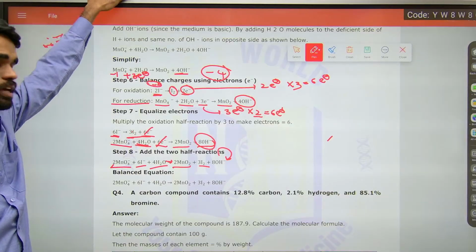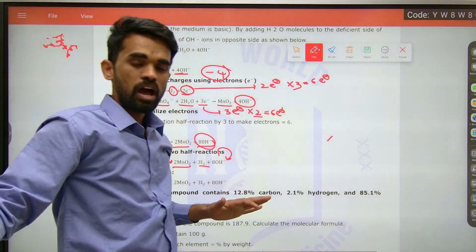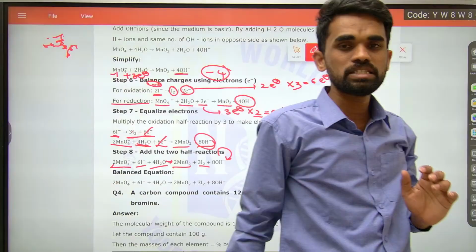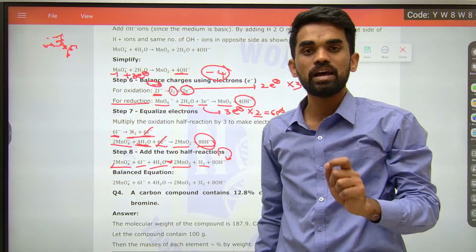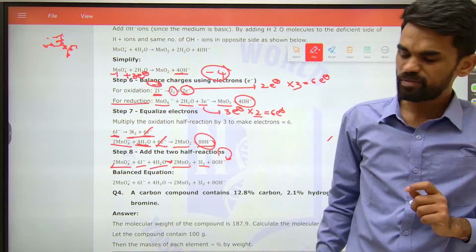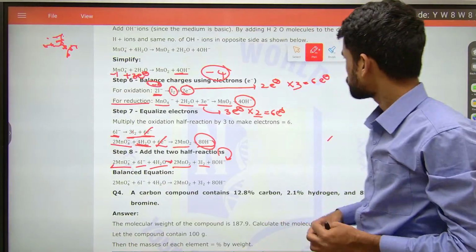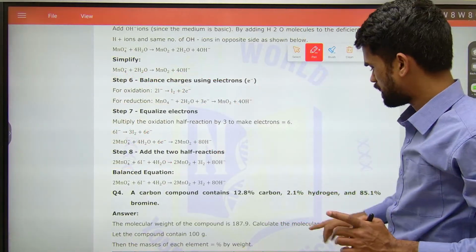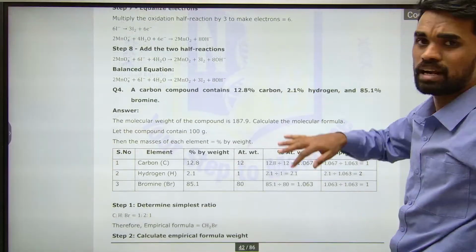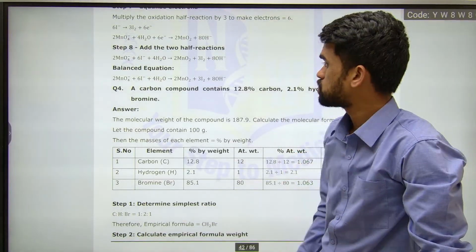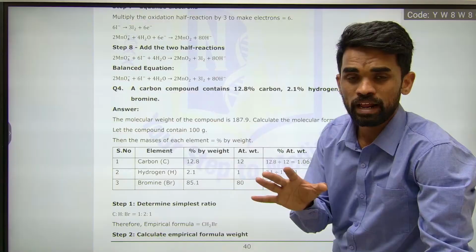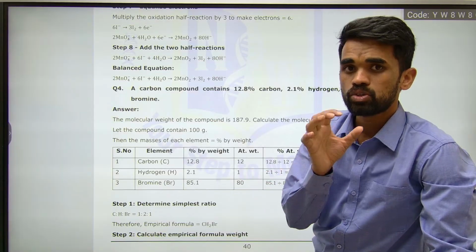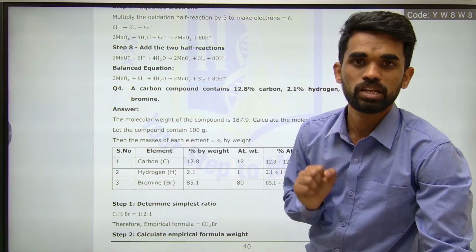That's it. I hope the discussion of balancing redox reactions using the ion electron method is clear, right? And once again, guys, I am reminding you, you need to learn the oxidation number method also. In this material I have provided the ion electron method, so try to get the concept of the oxidation number method also.